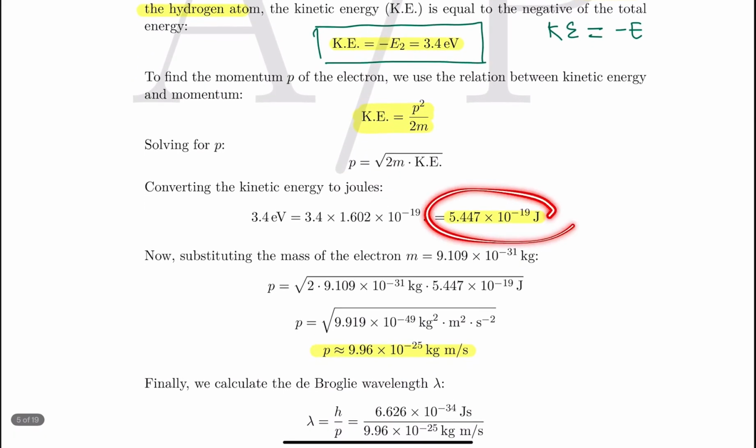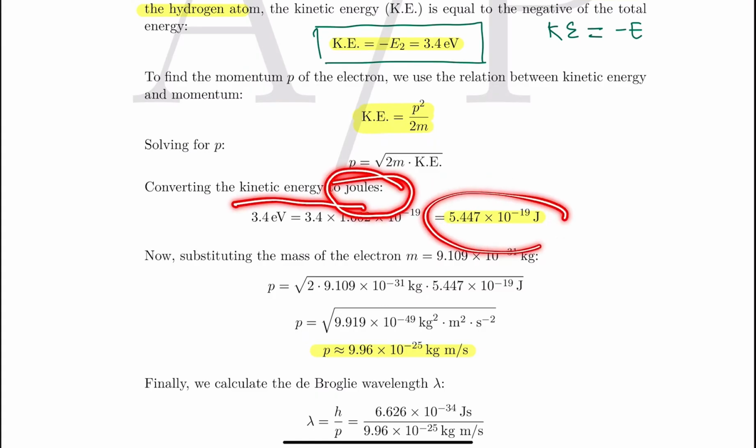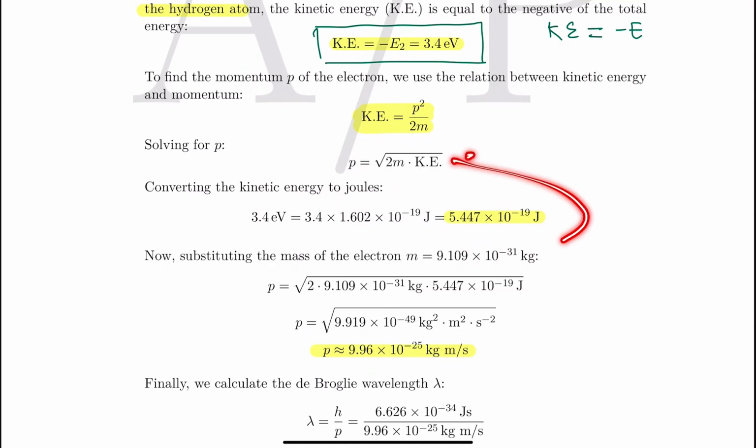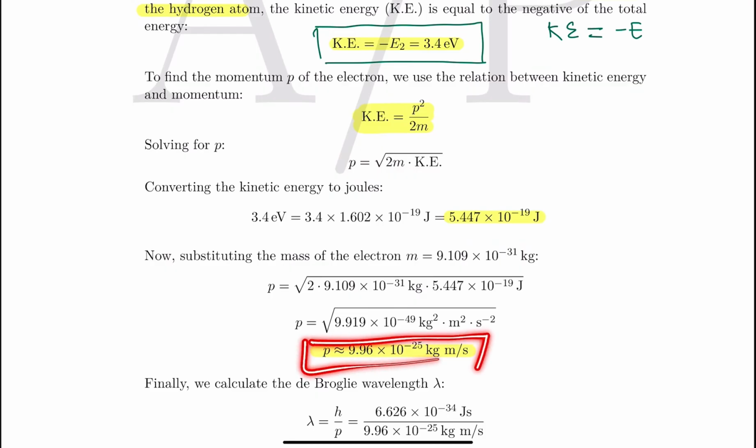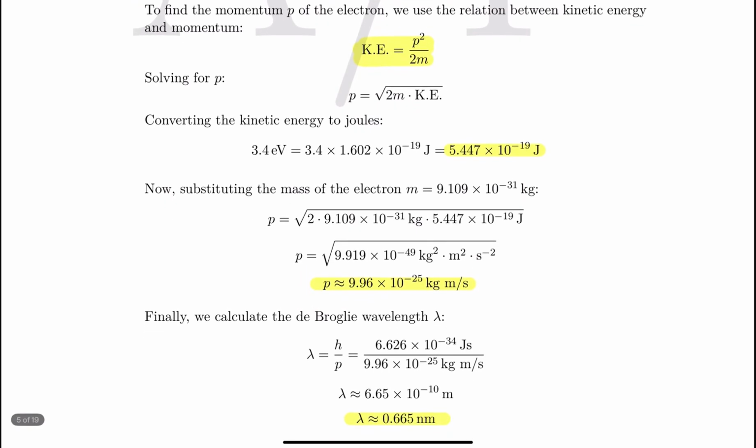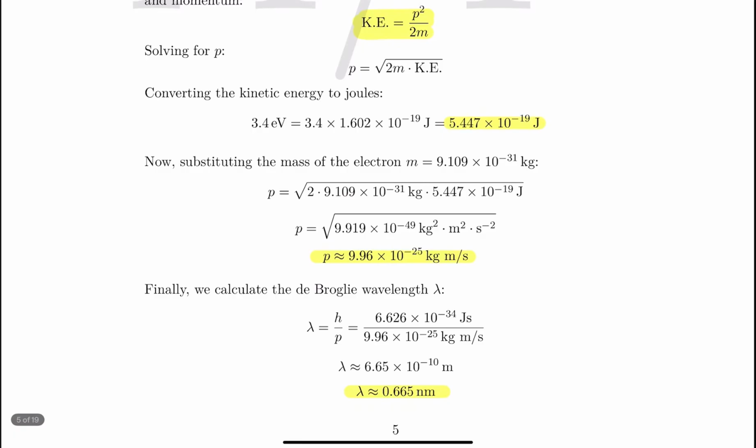This is the kinetic energy, 5.447 multiplied by 10 to the power minus 19 joule, converted into joule. When you plug this value into the momentum expression, you will get the momentum, which is 9.96 multiplied by 10 to the power minus 25 kilogram meter per second.